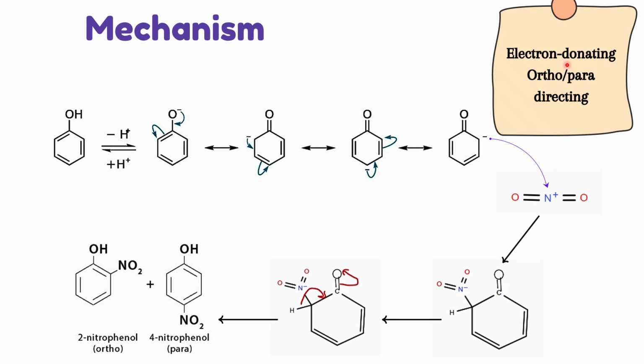So an electron donating group results in the formation of ortho and para substituted products. Out of these two, one will be the major product and the other will be the minor product. How to decide which is major and which is minor, I have explained in detail in a video that I'll be uploading next week, so stay tuned.